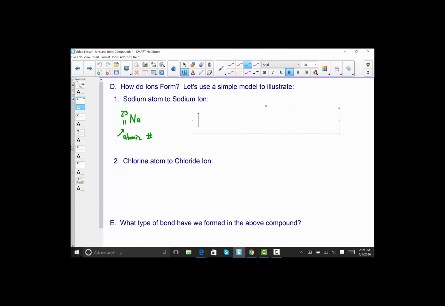That tells me in the nucleus of our sodium atom, we're going to place 11 positive protons. 23 minus 11 is 12 neutral neutrons. We understand that there's a total of 2, 8, and then 1, giving us 11 electrons. So atoms are neutral.